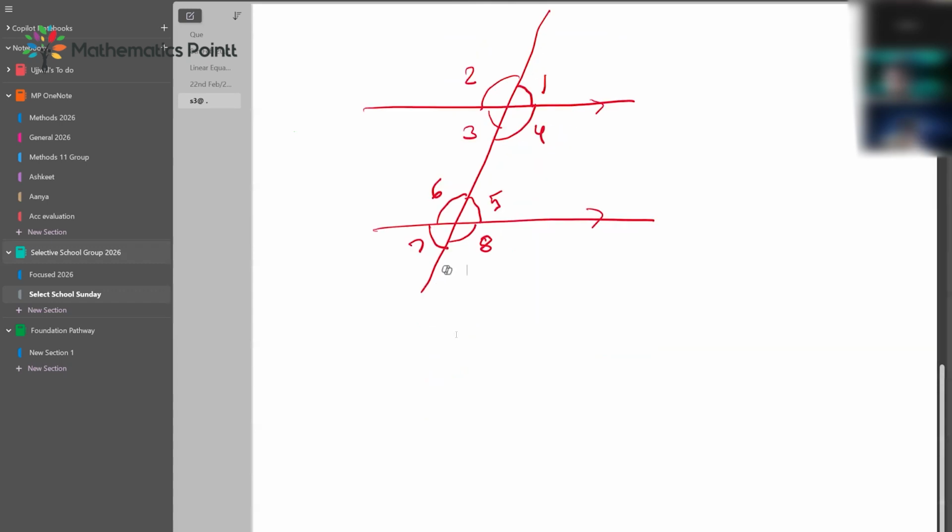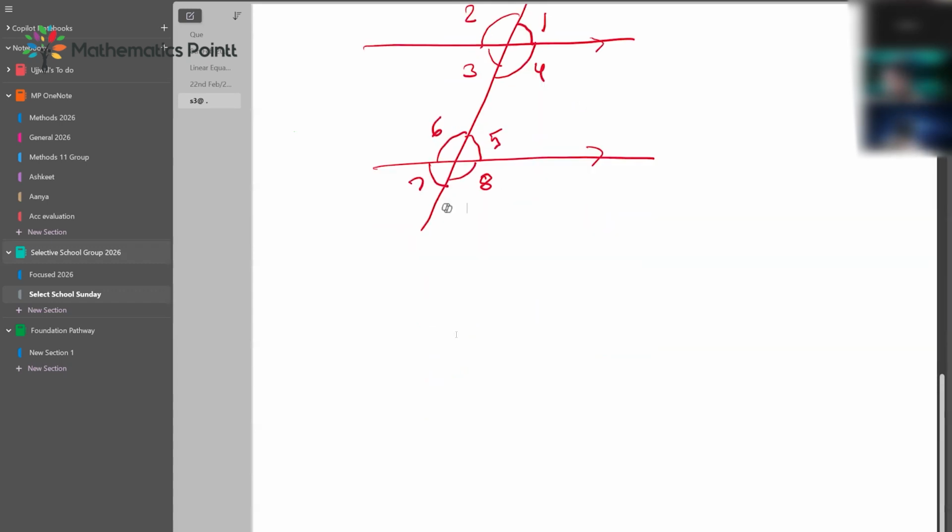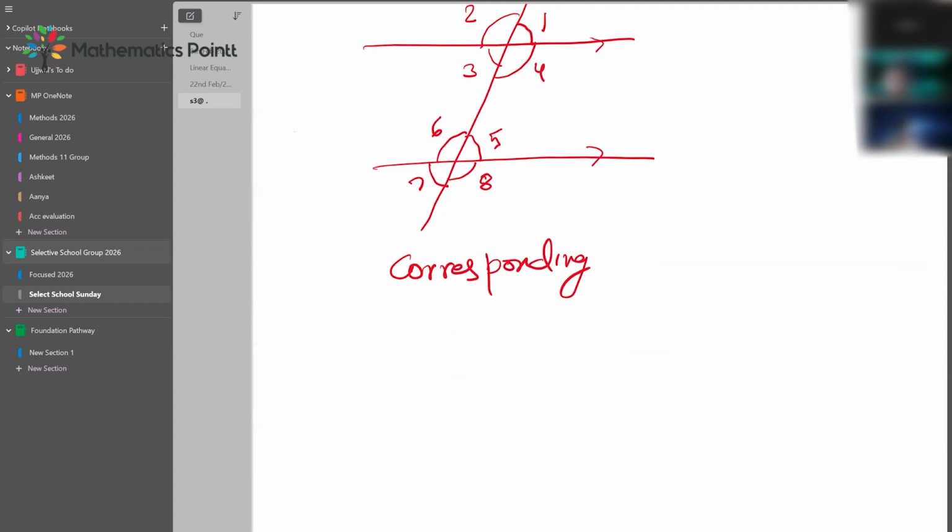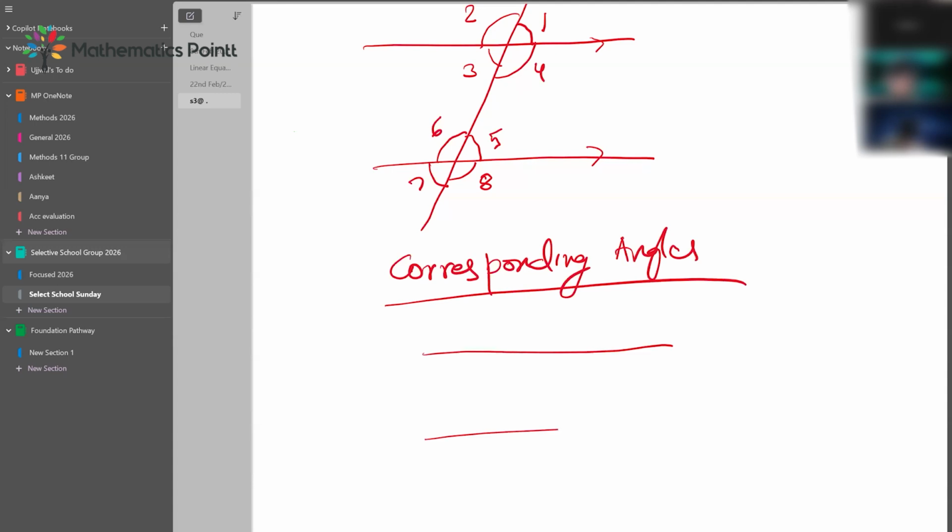Now the first set of angles is called corresponding angles. If I have two parallel lines, angle 1 and angle 5 are corresponding angles.